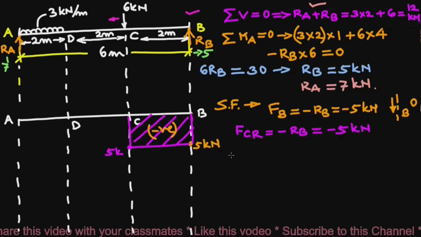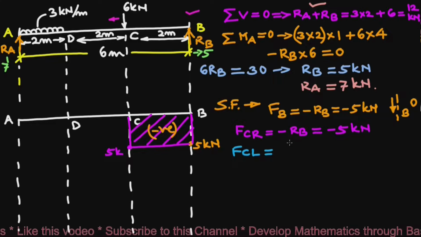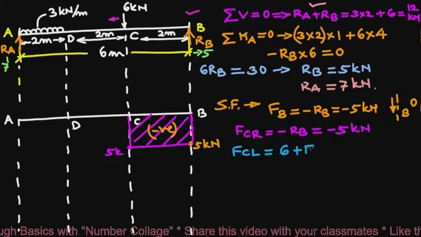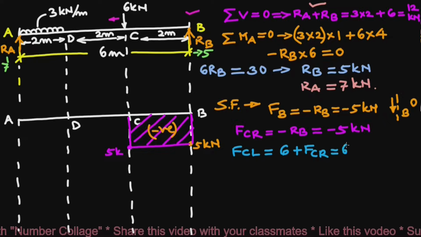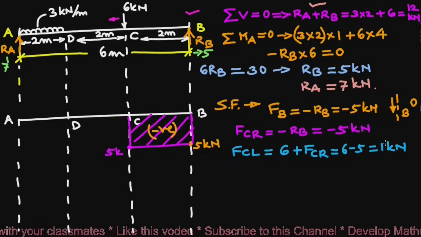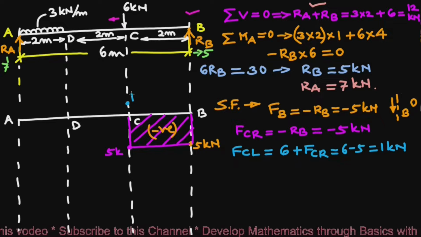Next we write shear force to the left of point C, which will be downwards point load 6 kilonewton plus FCR, which will be 6 minus 5, and that is 1 kilonewton. Now this being plus, we will mark it over here, so this is 1 kilonewton.